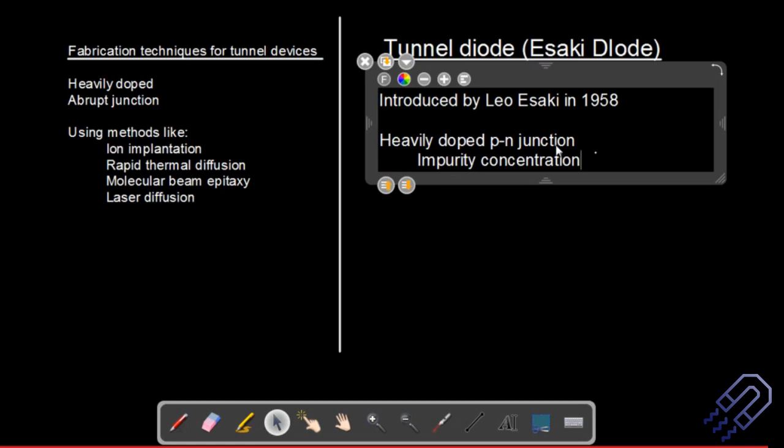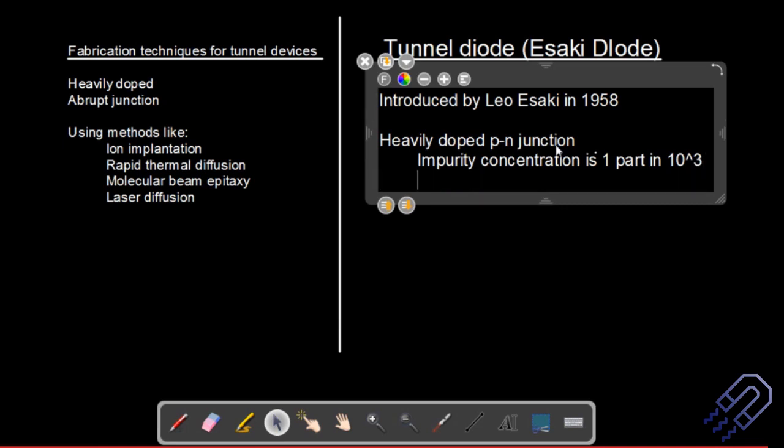Okay, so the doping concentration is actually 1 part in 10 to the power 3. So to every 1000 atoms, we have 1 atom of impurity being added.